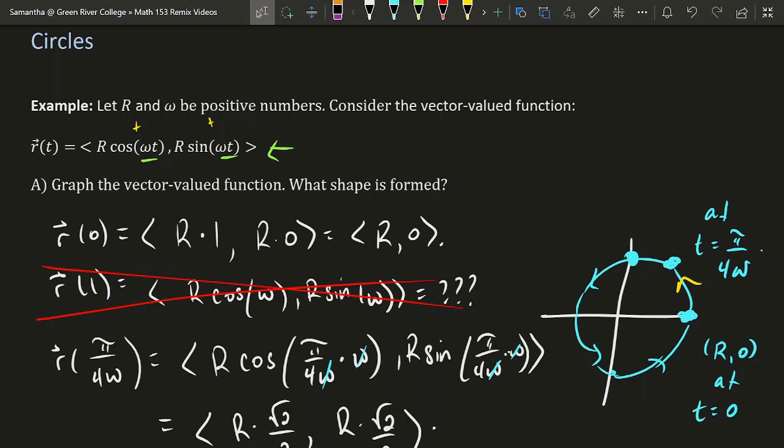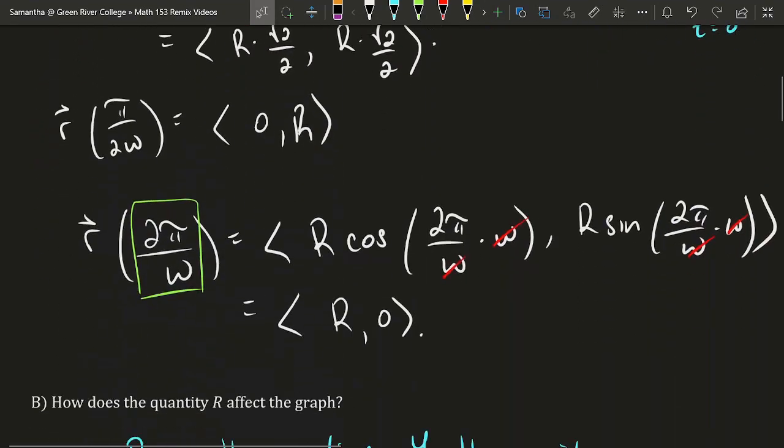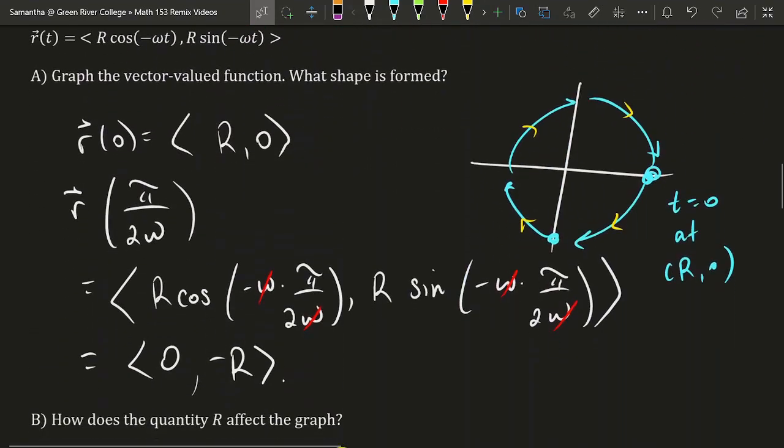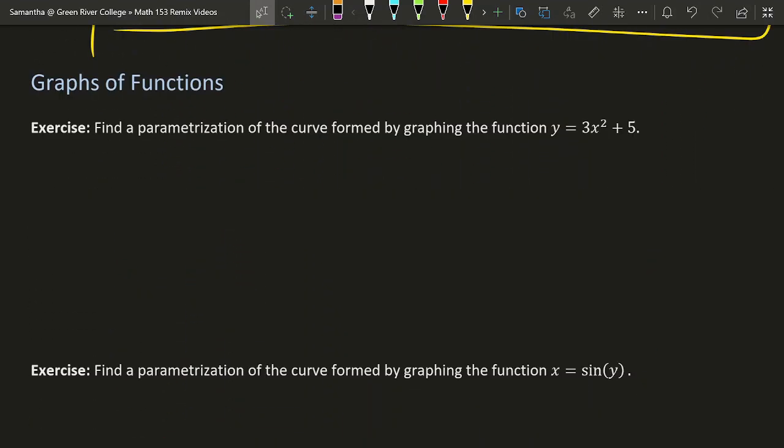We use the period of the motion, the amount of time to complete one loop, to calculate the value of omega. And then we either do not or do include a minus sign in the input, depending on the orientation of our movement. The last curve that we will parameterize in our work is the parametrization of a portion of a function, like we studied in algebra.